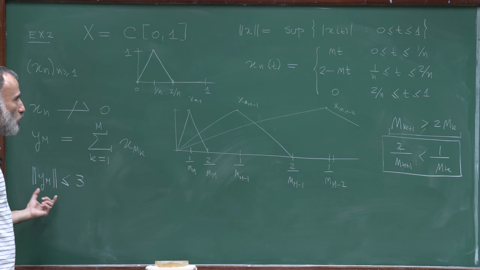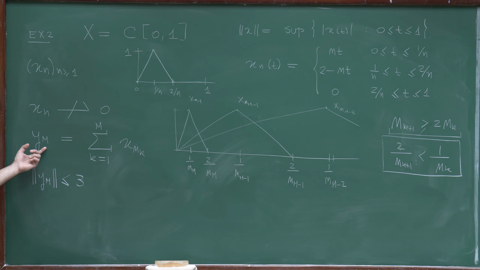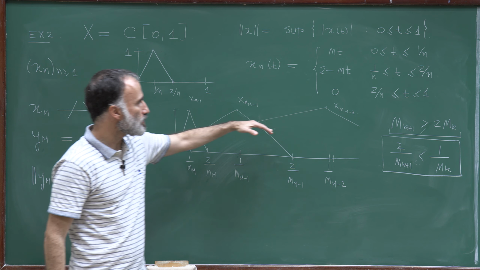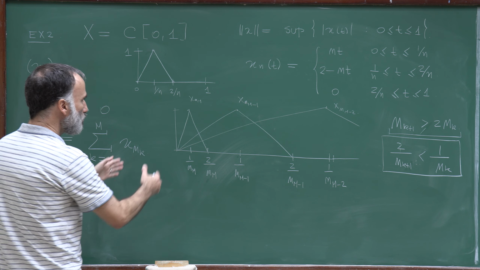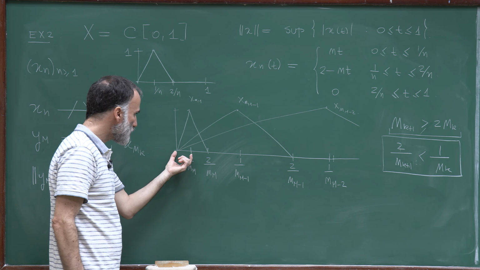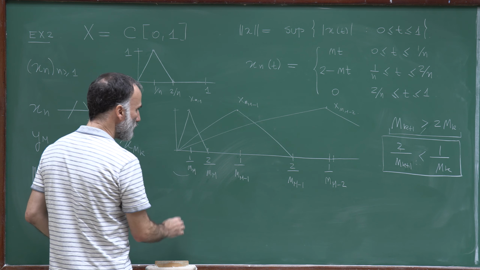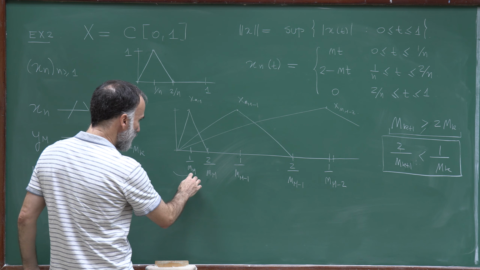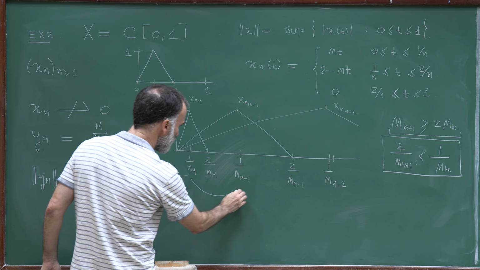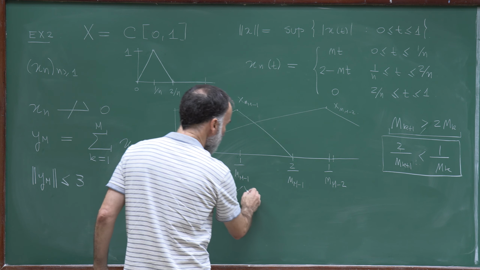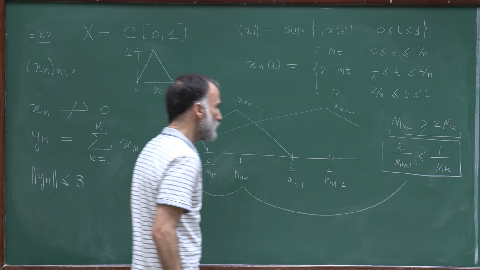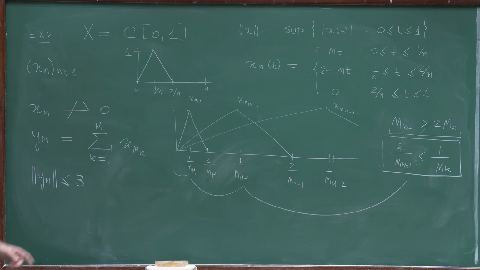And I want to bound y m, and y m is the sum of all these functions. So I will proceed by considering each interval. First this one, then the interval 1 over n m minus 1 up to this one, then this one from n m minus 2, and so on, up to n 1.